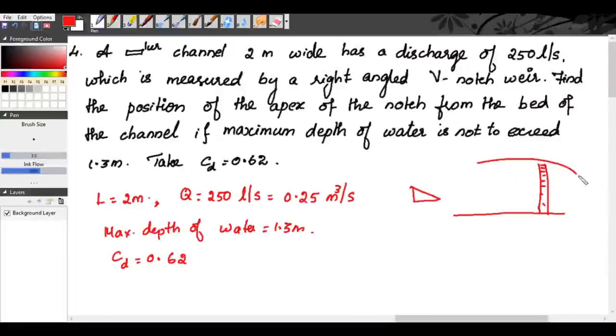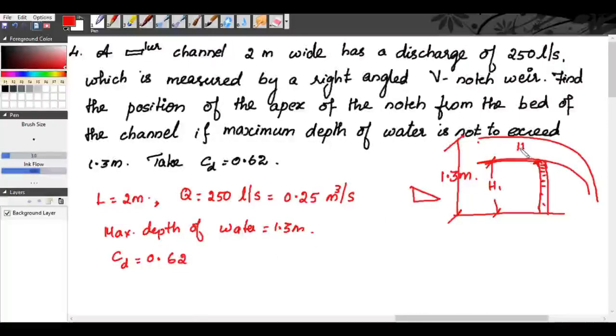So water will be flowing over the weir. Now, find the position of the apex of the notch from the bed of the channel. You need to find what is this H1. If the total maximum depth of water is not to exceed 1.3 meter, that means this maximum depth of water is 1.3 meter.